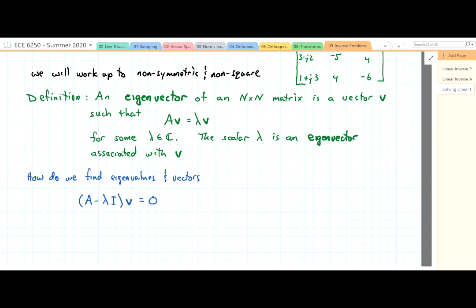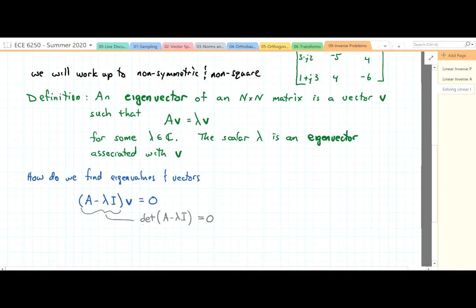In order for this to hold for non-zero vector v, it must have a determinant of 0. So we want the determinant of A minus lambda I equal to 0. In other words, it must have a non-trivial null space. We must be able to multiply it by some vector and it comes out 0.